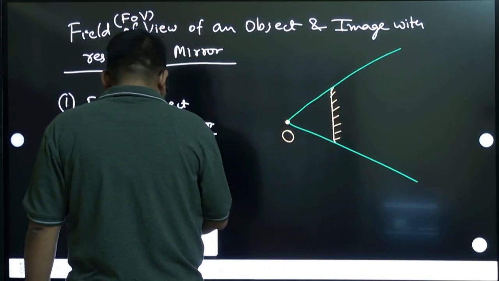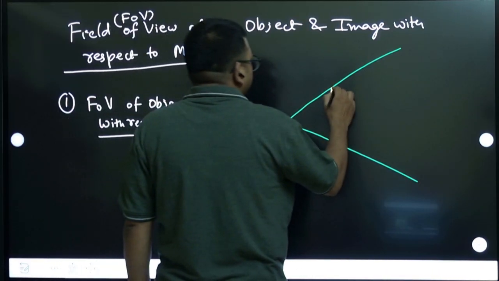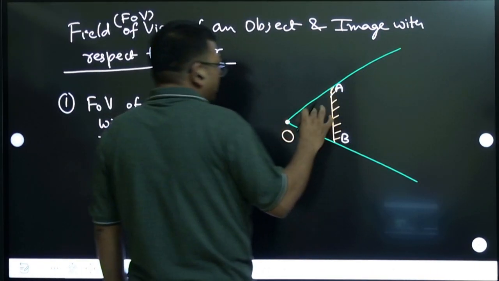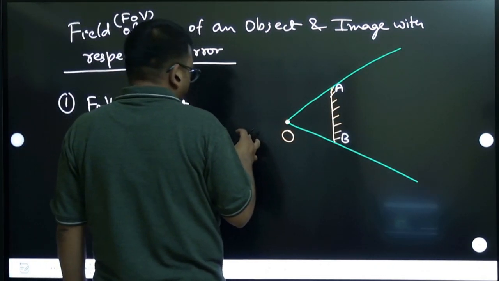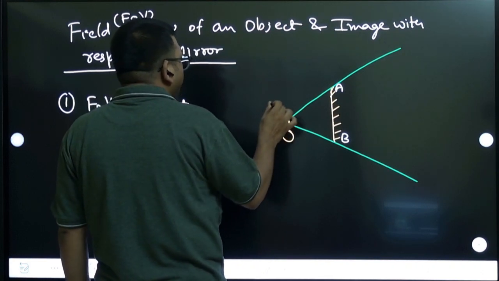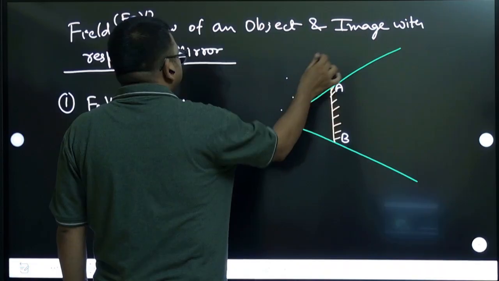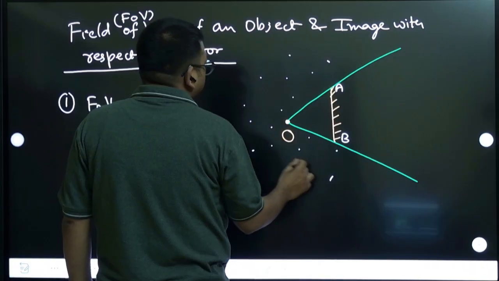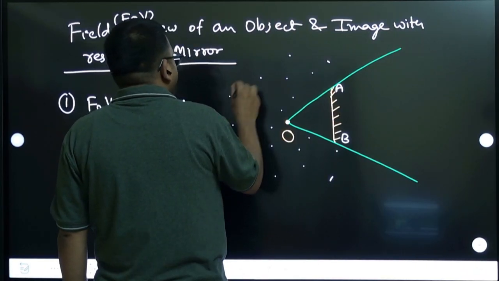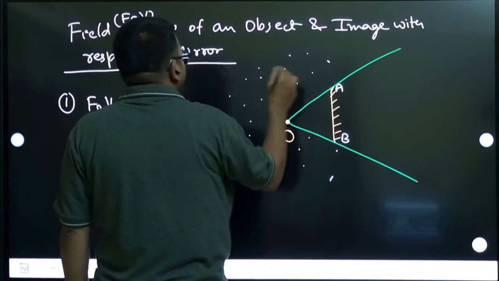Note that A and B are the edges of this mirror; the mirror has finite length. If you want to see this object, you have to be present in this space. This space is the region where we can see this object.